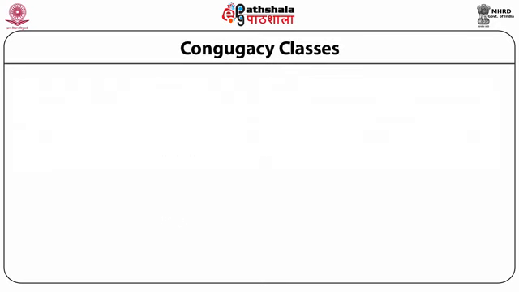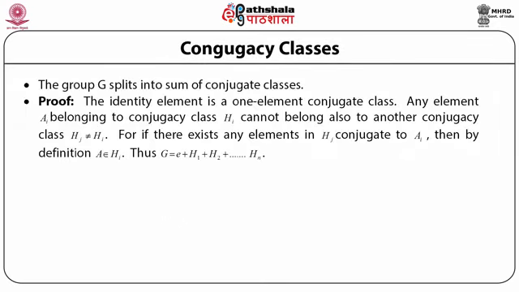The third property is that the group G splits into the sum of conjugate classes. This can be seen as follows. The identity element is a one element conjugate class. Any element A_i belonging to a conjugacy class H_i cannot belong to another conjugacy class H_j, which is not equal to H_i.